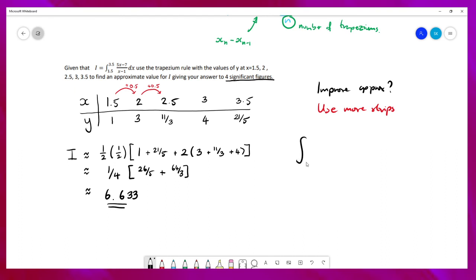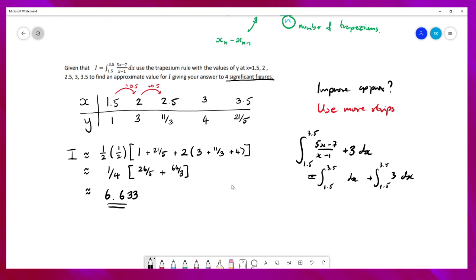You might get questions like this. So we've got 1.5 to 3.5, 5x minus 7 over x minus 1 plus 3. So we need to know that this is the thing we just found plus the integral of 3. We work this out and add it to what we got, that kind of thing.